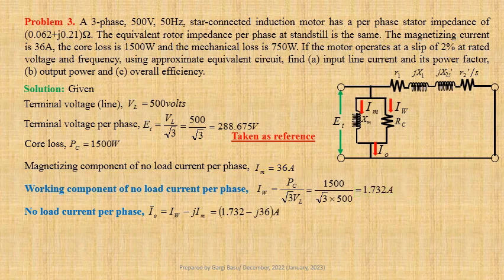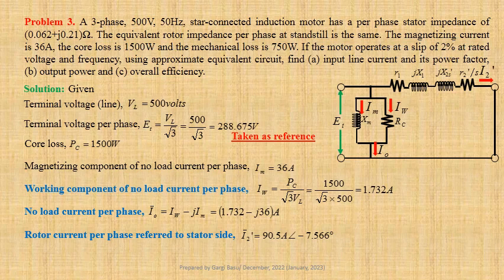We have determined rotor current per phase referred to stator side I2 dash equals 90.5 ampere at an angle minus 7.566 degree. This may be written in Cartesian form as 89.7121 minus j times 11.916 ampere. Applying Kirchhoff's current law at node P, we get input current per phase I1 equals I0 plus I2 dash.